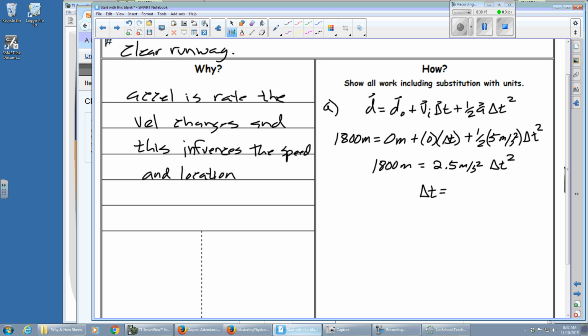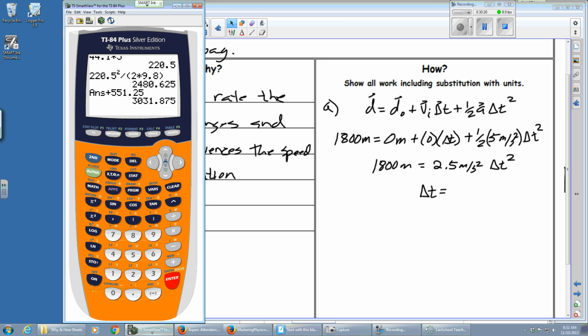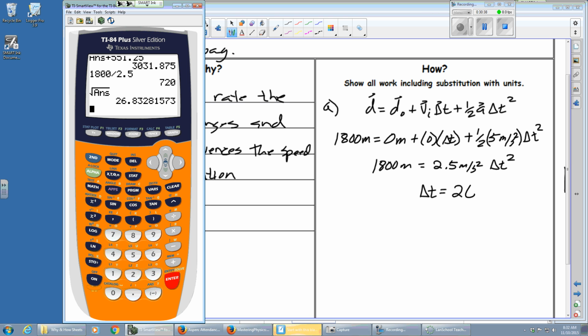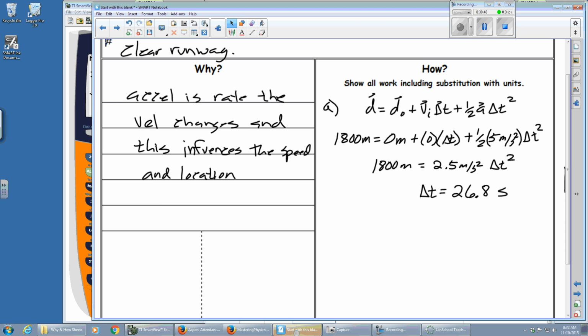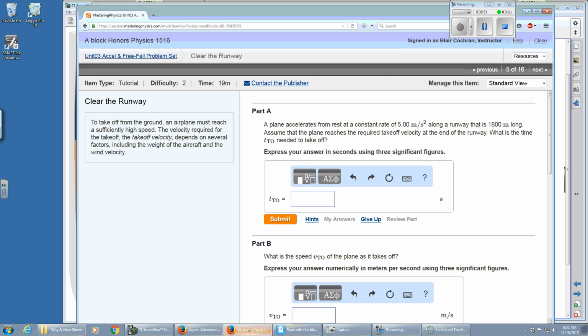Solve for Δt. So I get 26.8 seconds. And I should probably check that, but call it good.